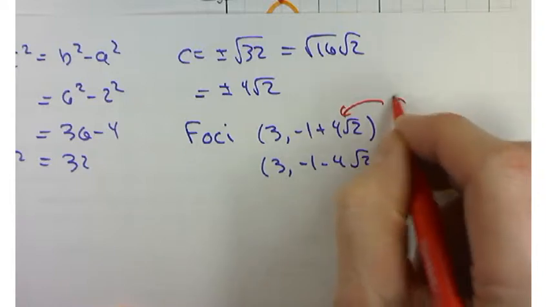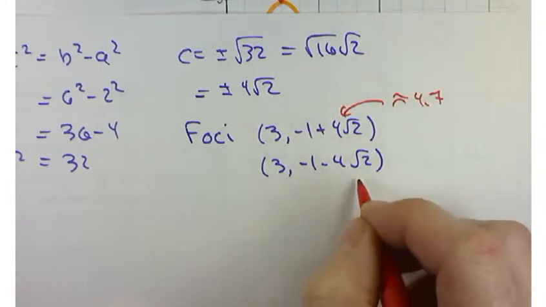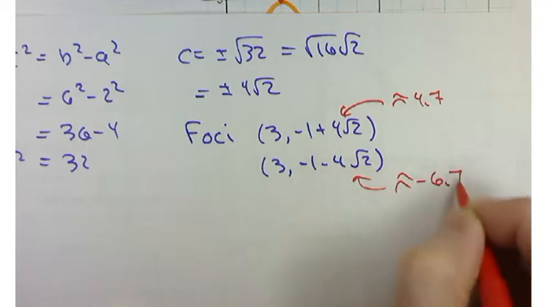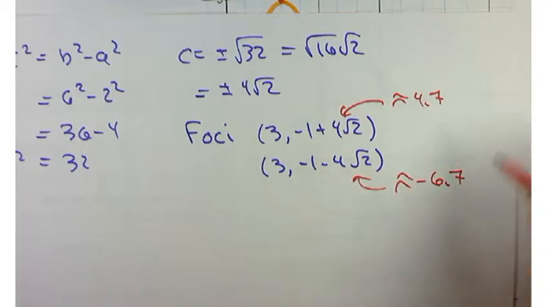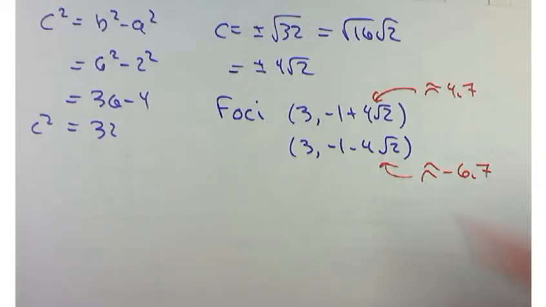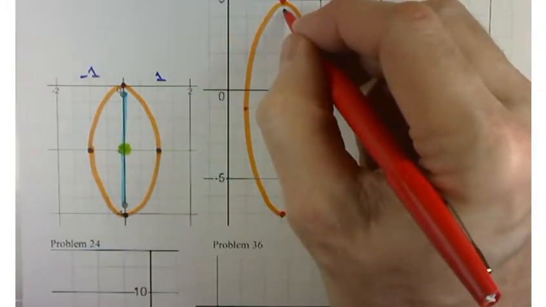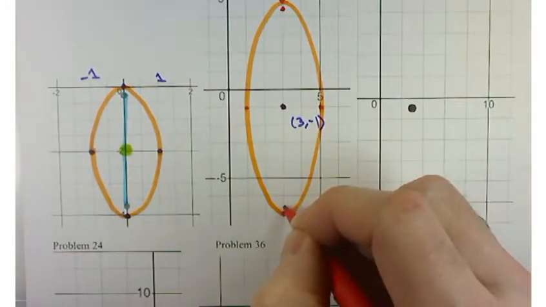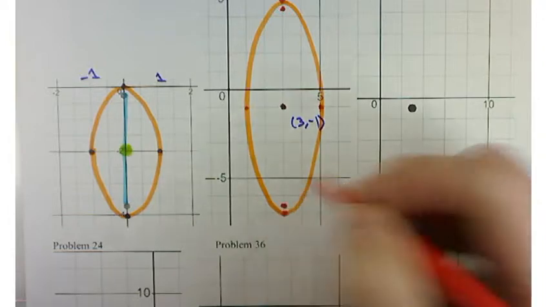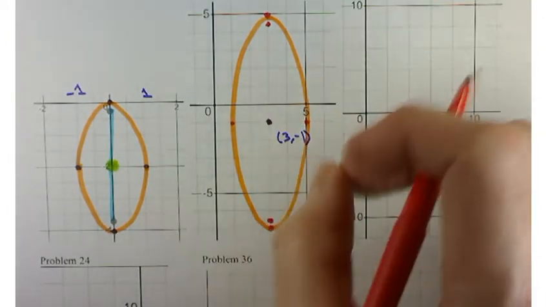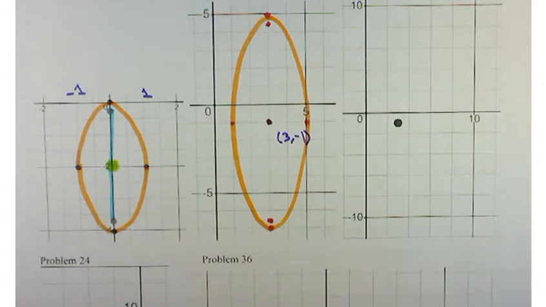This is about 4.7, and this is about negative 6.7. So that at least gives you a rough idea of where to draw these things, so that you're not drawing something down here when it really should be up here. It's going to be very close to your vertices. And that's going to happen when you have a very narrow ellipse or highly eccentric ellipse.